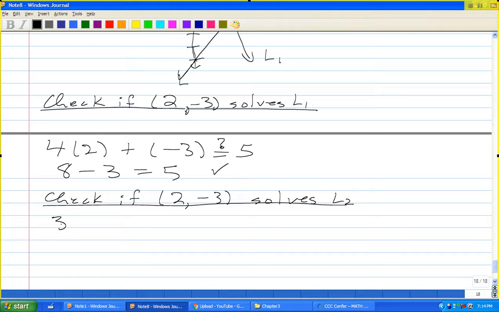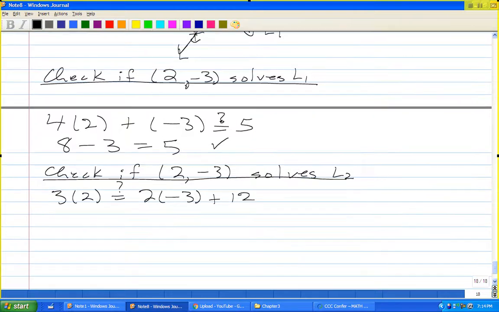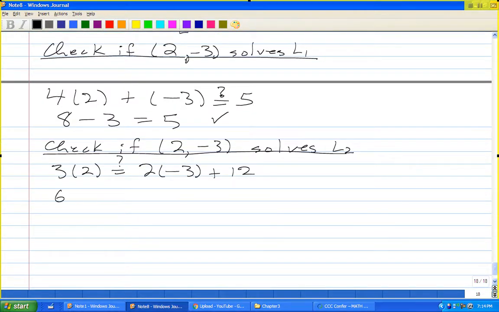So is 3x equal to 2y plus 12? Is 6 equal to 12 minus 6?